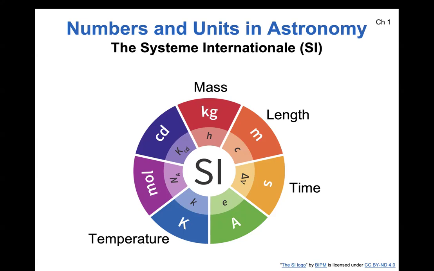And although magnetic fields are important in astronomy and we'll discuss them qualitatively, we won't be doing any calculations with them. So besides temperature, we're going to be working with s, which is seconds, the unit of time, m, which is meters, the unit of length, and kg, which is kilograms, the unit of mass.